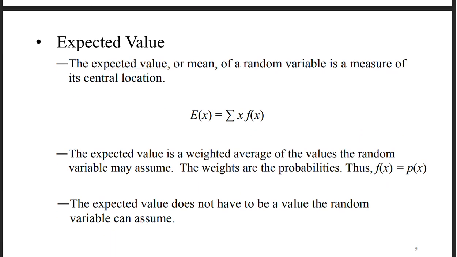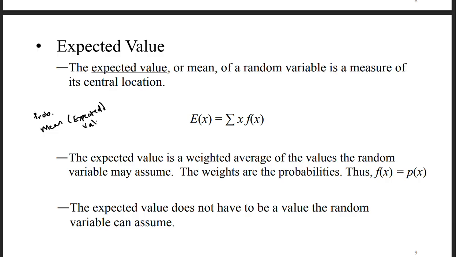Now, for all discrete random variables and their probability distributions, there are three things we will be calculating. We will be calculating the probability of a value occurring in that discrete distribution. We'll be calculating how to find the mean, which is also called the expected value. And we will also calculate the standard deviation.